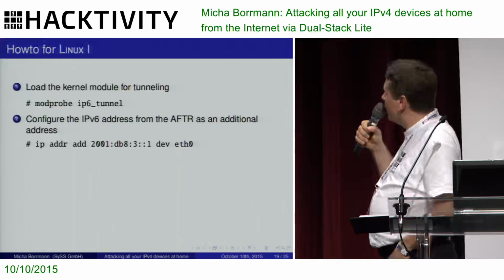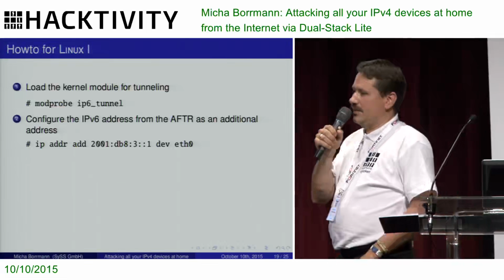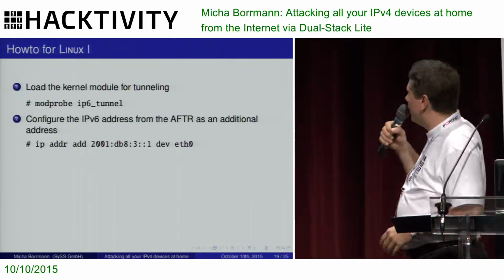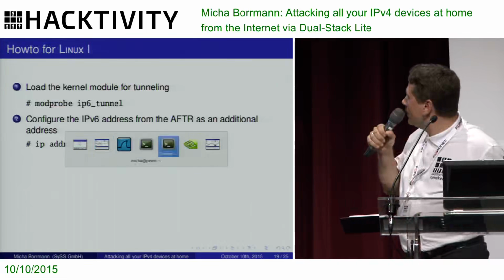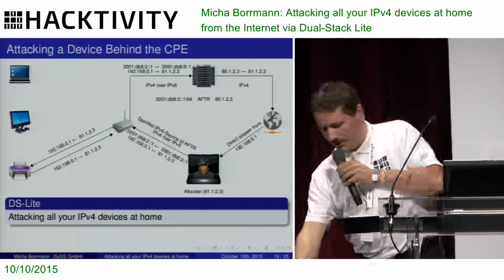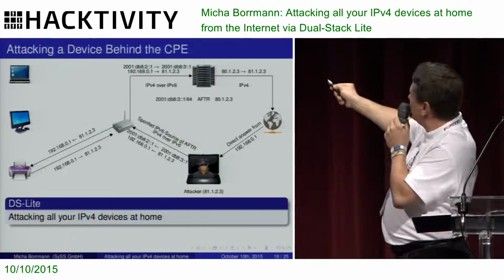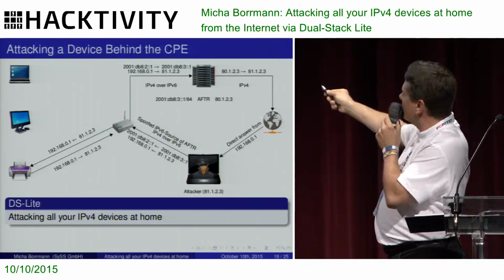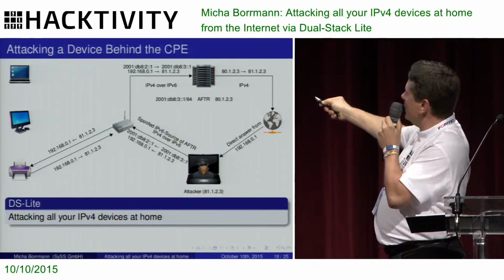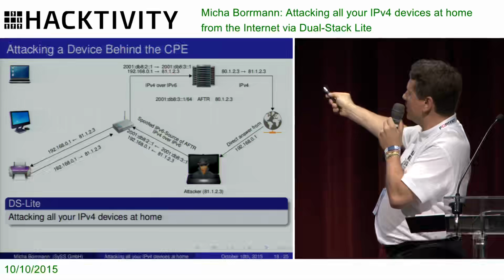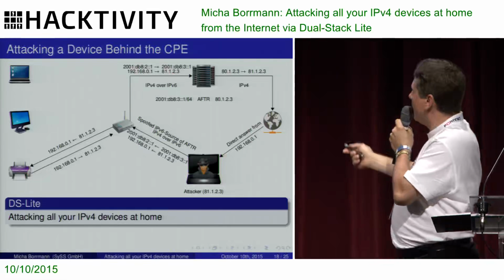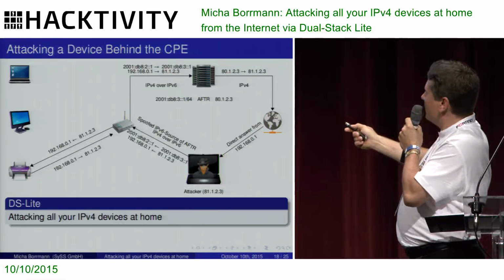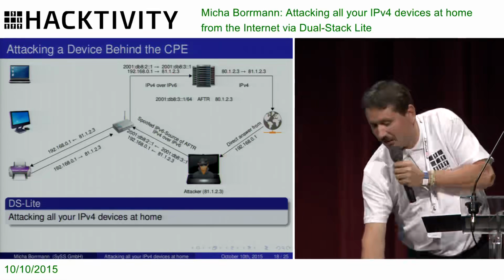Then you have to configure the IPv6 address of the AFTR as an additional IPv6 address on your system. This address of the AFTR, the CPE knows this address. This is provided, for instance, with the TR-069 protocol or something like this. But that's not a secret.